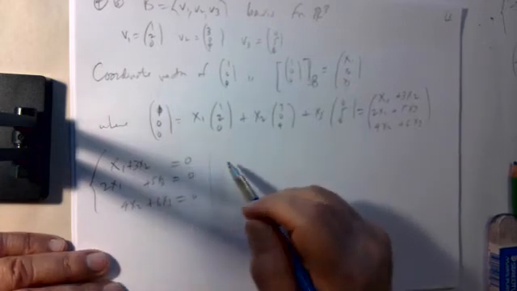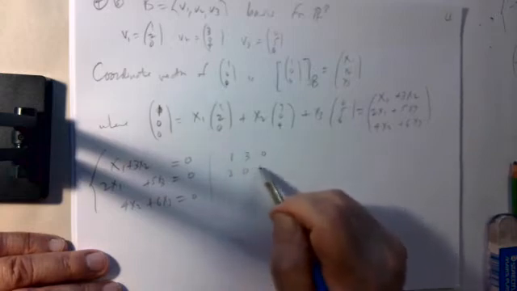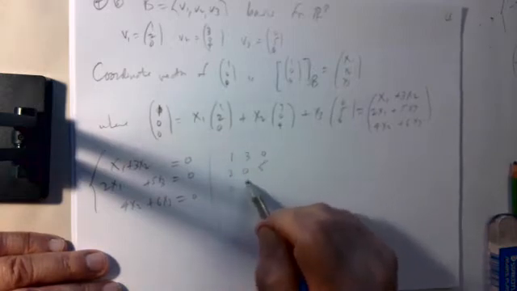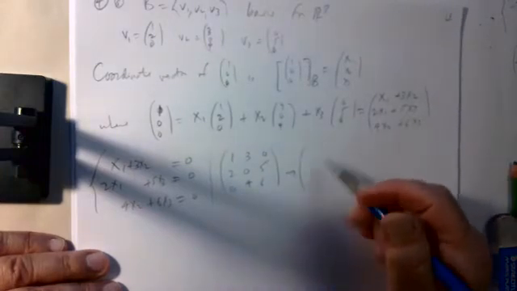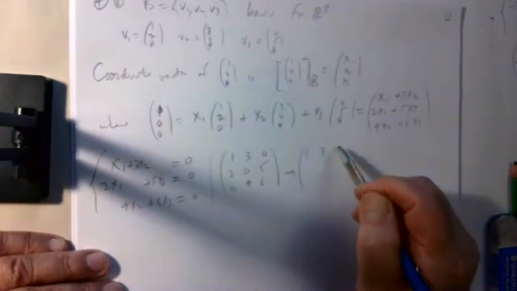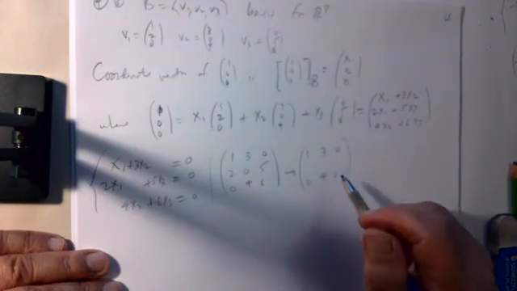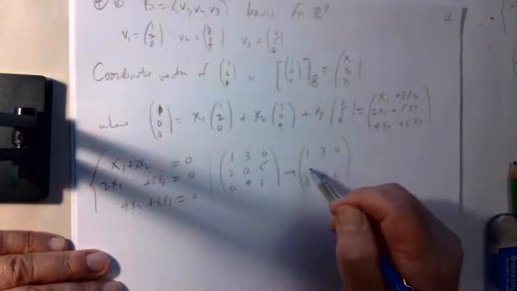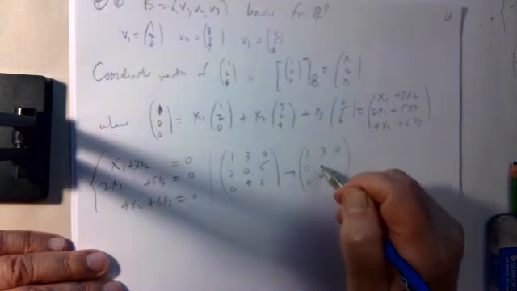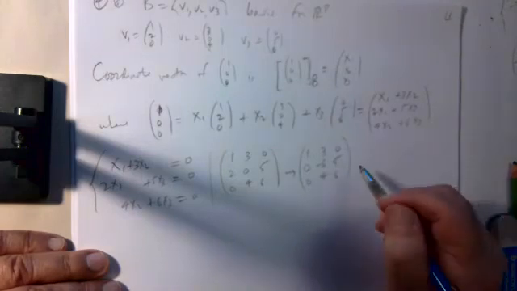So if I write down the matrix of coefficients, 1, 3, 0, 2, 0, 5, 0, 4, 6, and I put this in reduced row echelon form, 1, 3, 0 is good, 0, 4, 6 is good. Take the second row minus 2 times the first: 2 minus 2 is 0, 0 minus 6, 5.